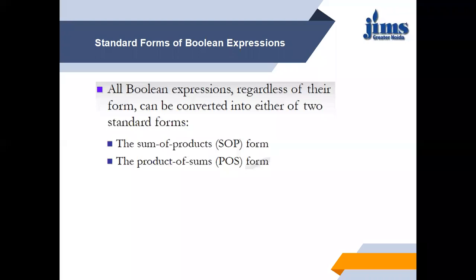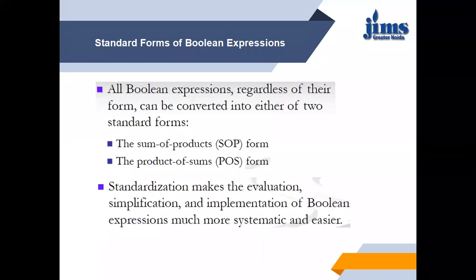So any digital circuit is defined by a Boolean function or Boolean expression, which is of two types: sum of products, SOP, and product of sums, that is POS. Now we'll discuss one by one what each stands for.